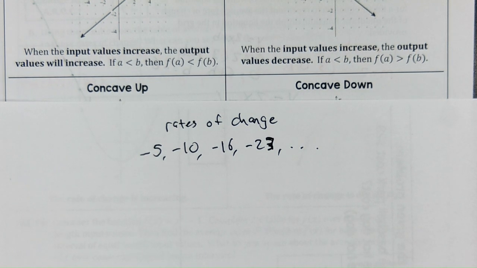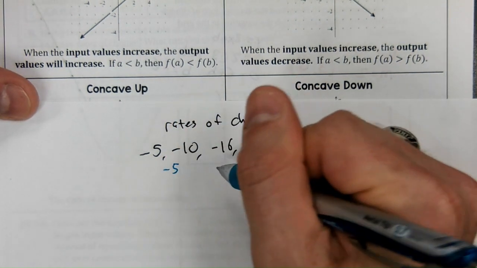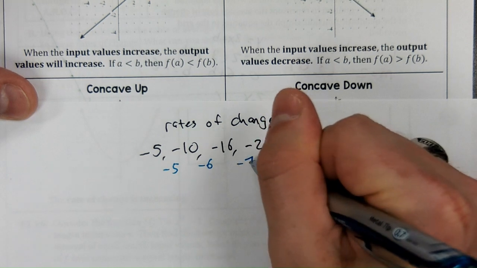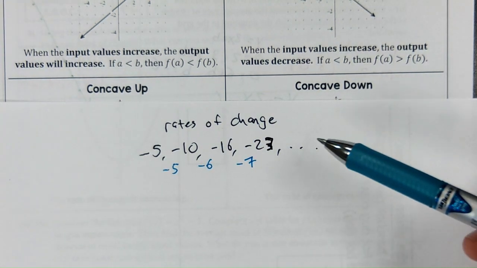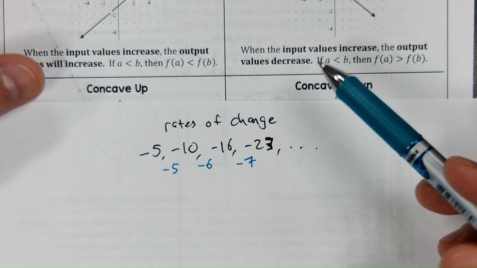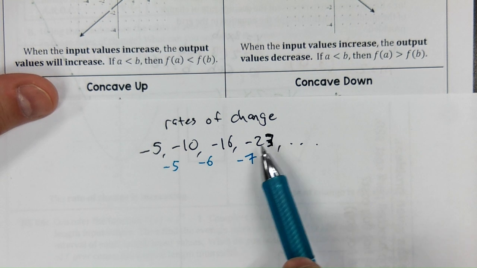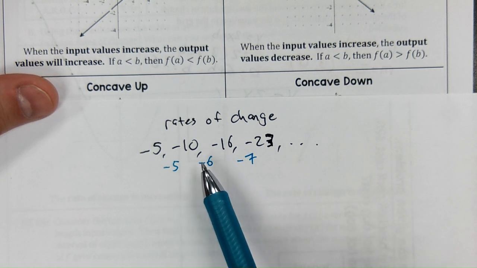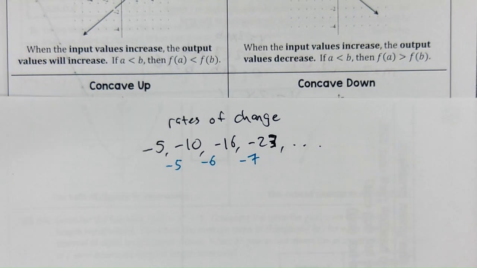Now look at the change in the rate of change. -5, -6, -7, then clearly -8, -9, so on and so forth. This, because my rate of change is negative, is decreasing. And because it's decreasing and getting worse and worse, or more and more negative, like how do you say that?